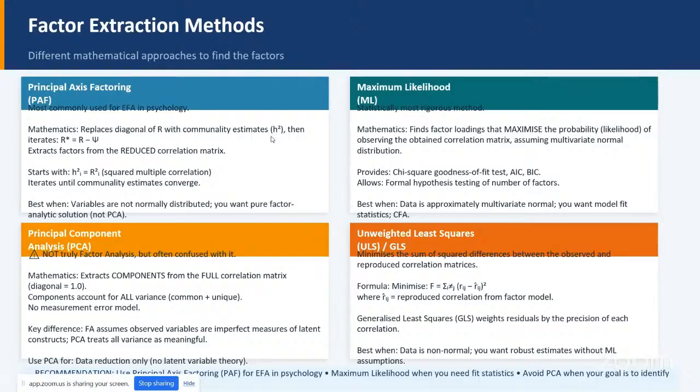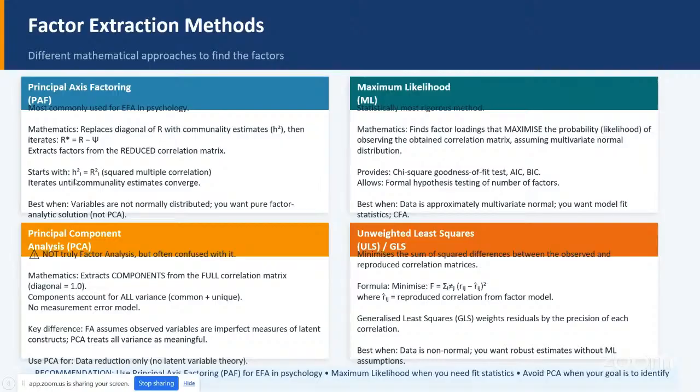The sum of the eigenvalues, that is, the sum of the squares of the factor loadings. Then it would be R star. It does not remain R only, it is R star, that is R minus the error part. It extracts factors from the reduced correlation matrix.